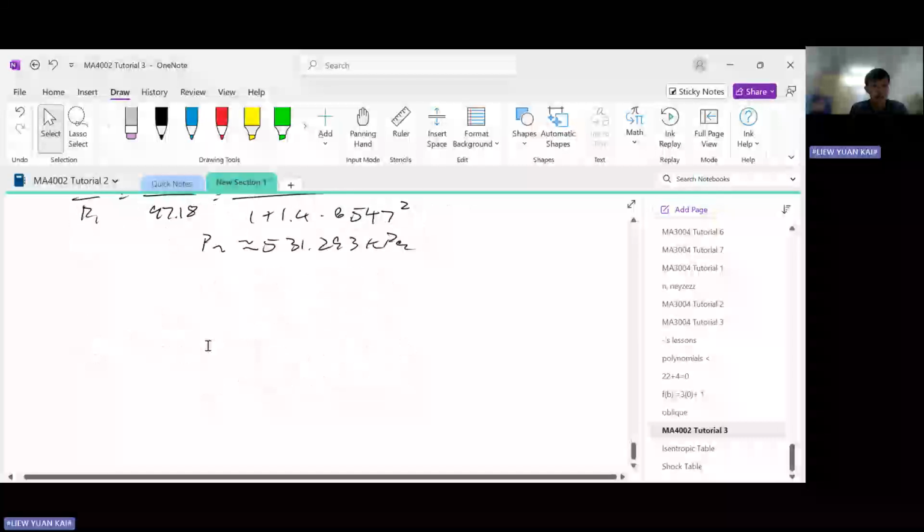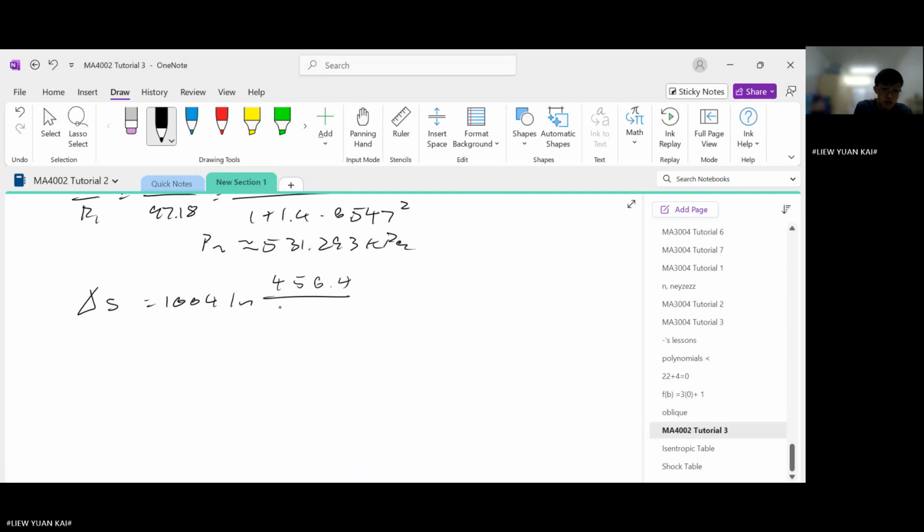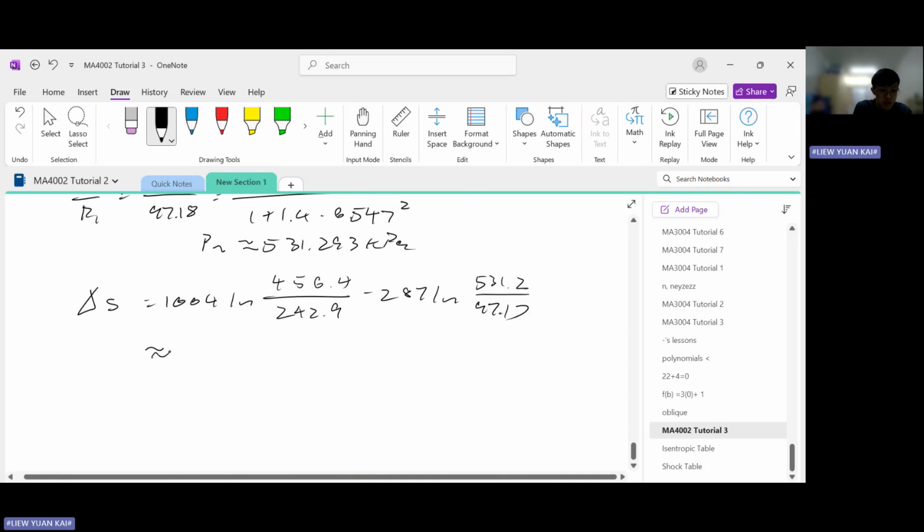So let's fill up this delta S formula. Okay, if you calculate this, you should get a value of 132.47.